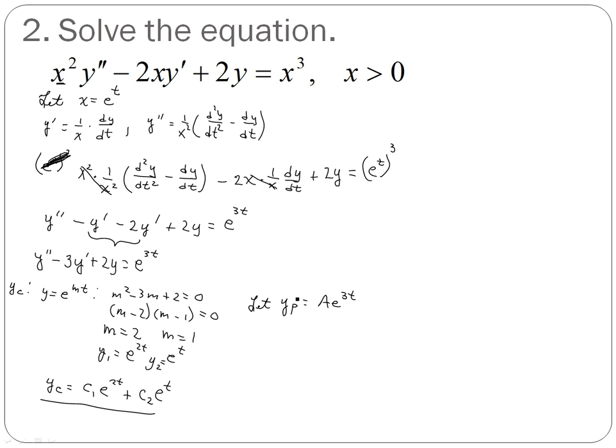And when I substitute in, I'm going to need my first derivative. Yp prime is going to carry down a 3a e to the 3t. And my second derivative, carry down another 3, we get 9a e to the 3t.